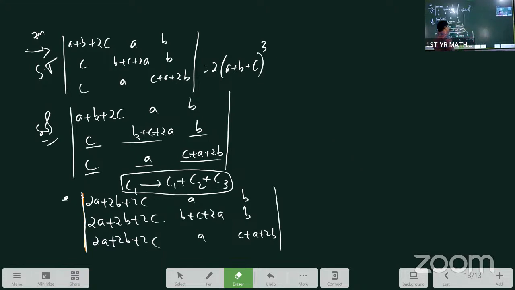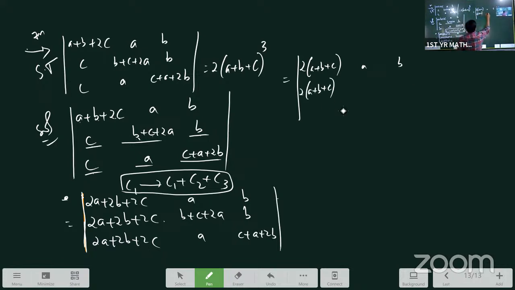According to the determinant properties, if anything is common, the same, either in a row or column, I can take it outside the determinant. So in this case, I can have 2 into a plus b plus c. I'm taking 2 common, then a, then b as it is. Next, 2 common again, a plus b plus c, then b plus c plus 2a, and this is b.